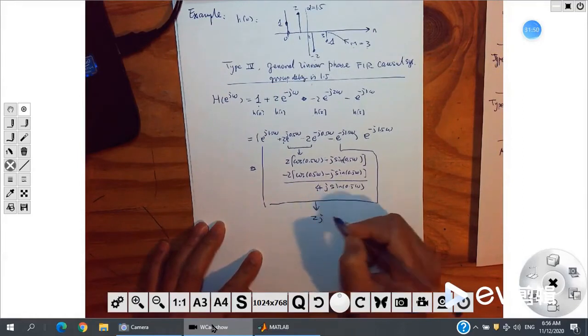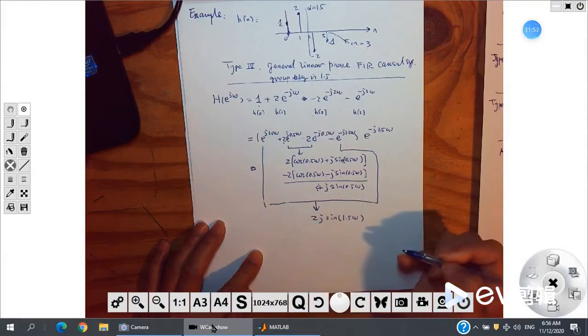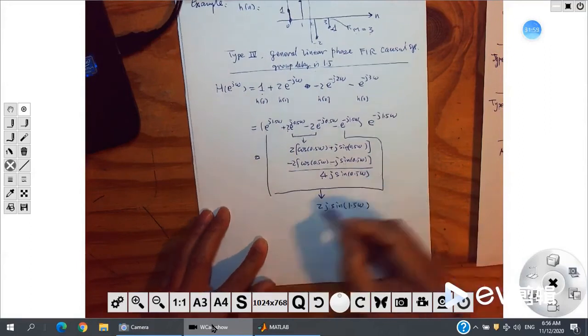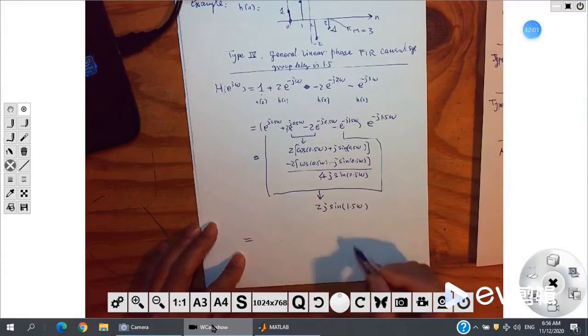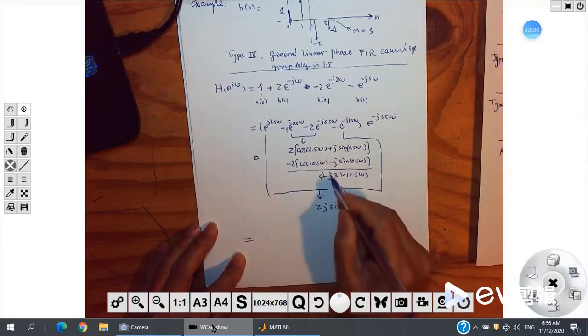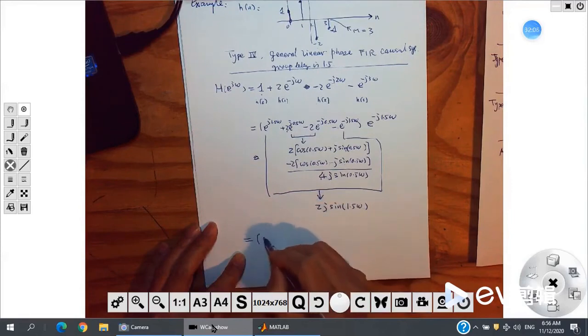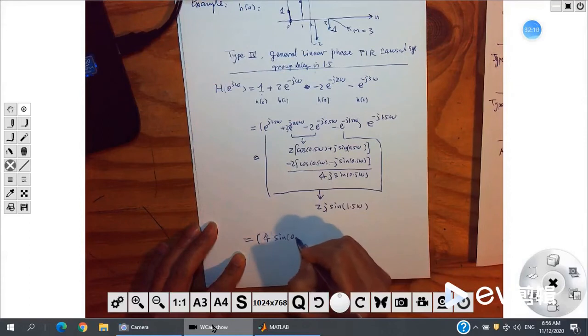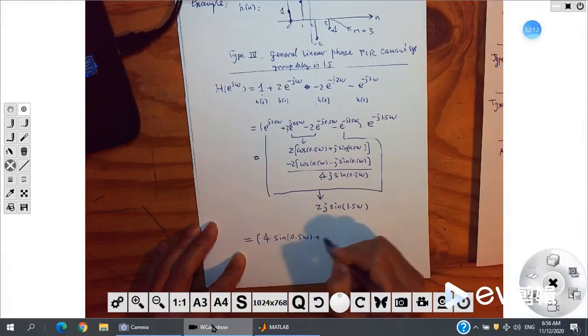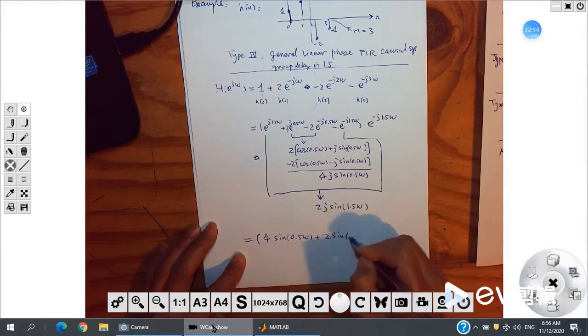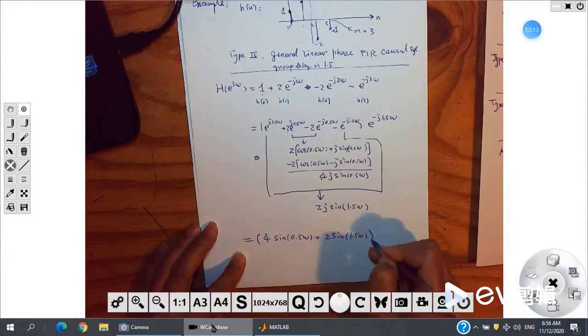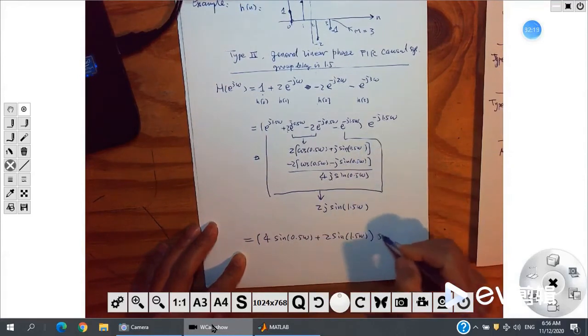So this is a sine where the frequency is 1.5ω. Both contain j, so I move j out. I have 4 sine of 0.5ω and 2 sine of 1.5ω, and j times e to the negative j 1.5ω.